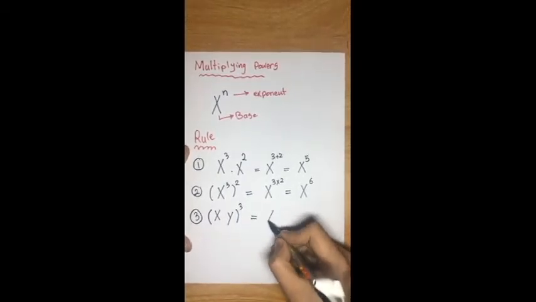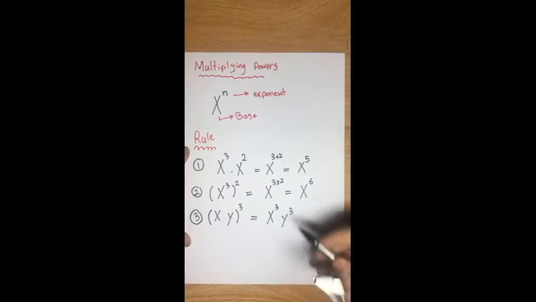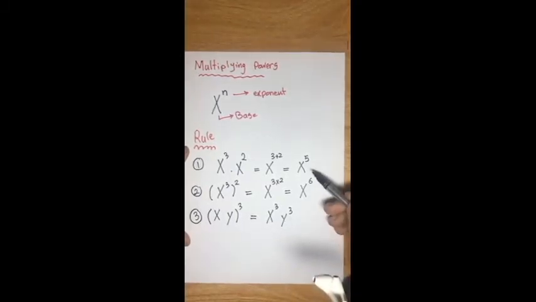So we will get x to the power of 3 multiplied by y to the power of 3. Now these three rules are so important to find the product of exponents. We might use only one of these rules, or two of them, or all of them at the same time.